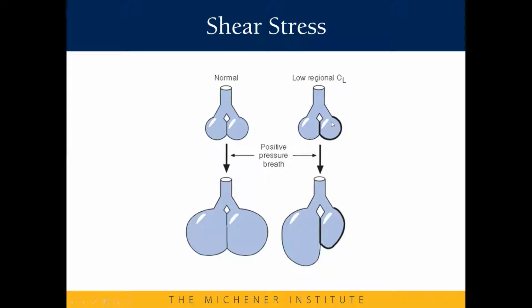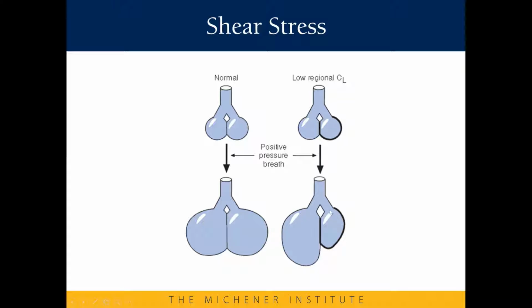Now, in the right-hand side, we have an alveoli here with normal compliance, and this one outlined in dark black has low compliance. So this would be a diseased alveolus, okay, which might be suffering from ARDS. So as we try to push gas in, gas is going to preferentially go into the normally compliant alveoli and inflate.